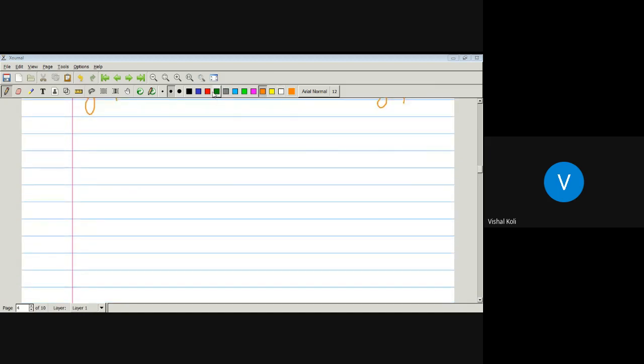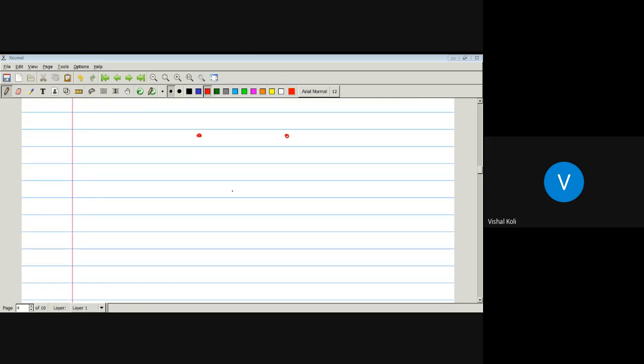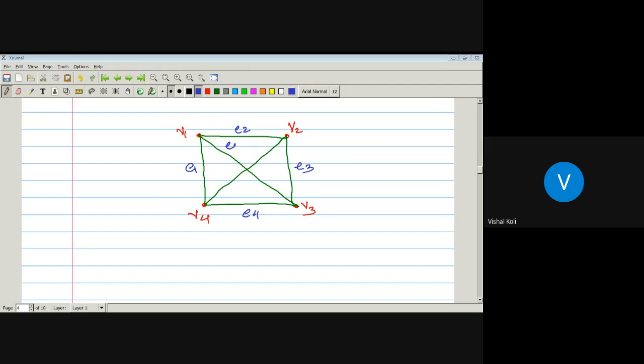Suppose we have one graph. Tell me what is the circumference and what is the girth of this graph G with vertex set V and edge set E?